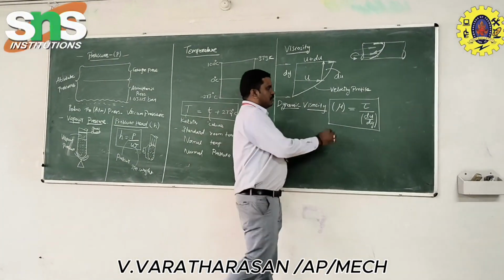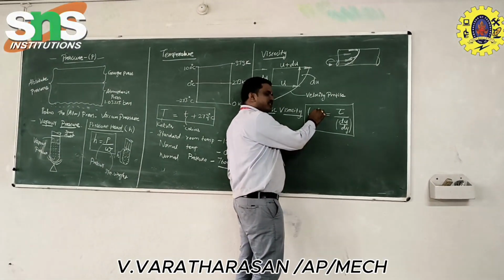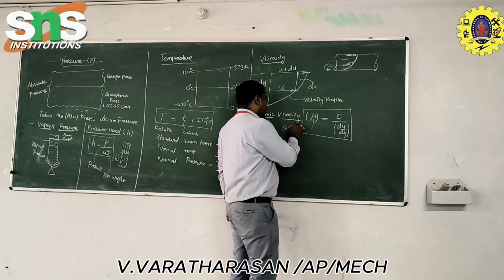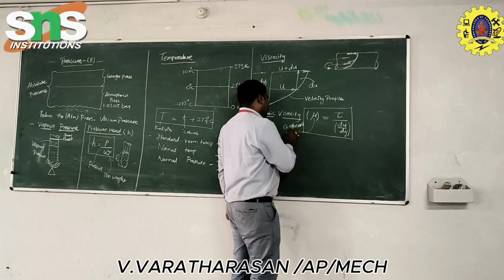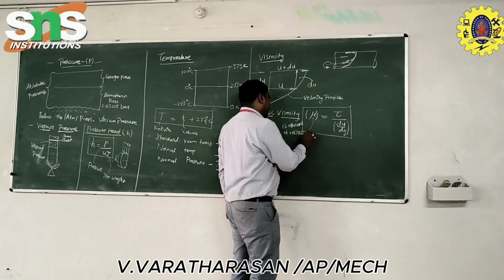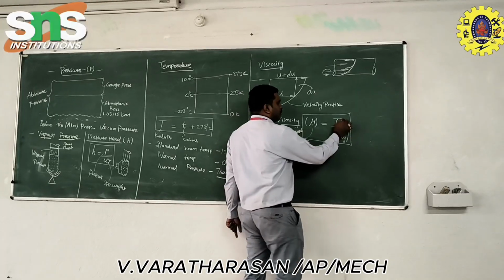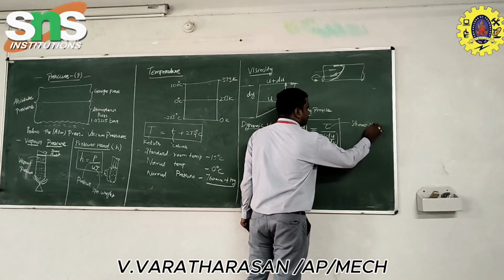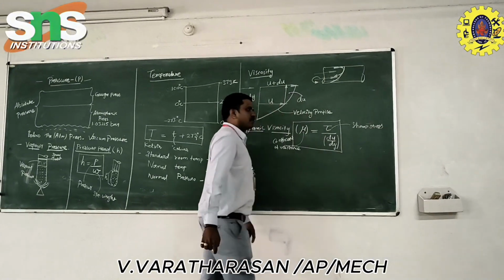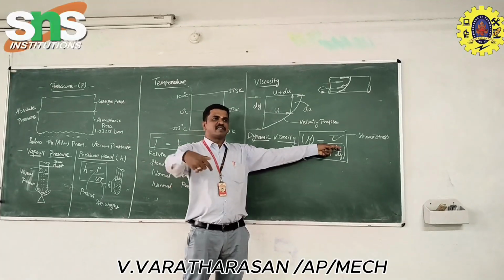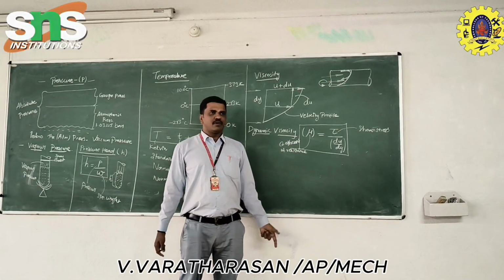So mu is the coefficient of resistance to the flow of liquid, and tau is the shear stress. We already know there is a difference in velocity, du by dy.